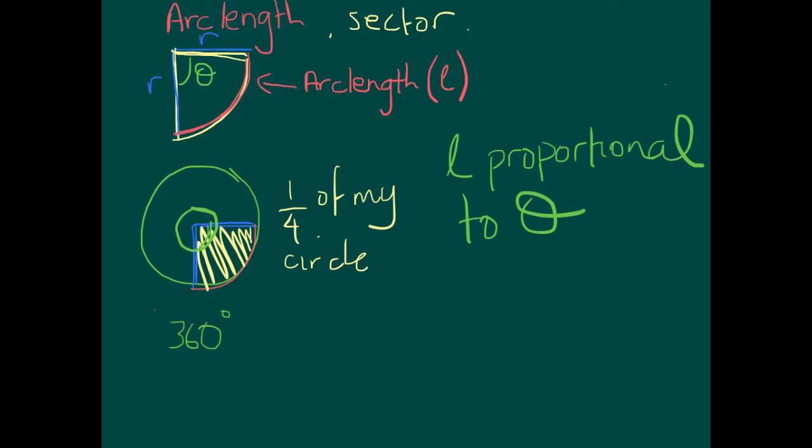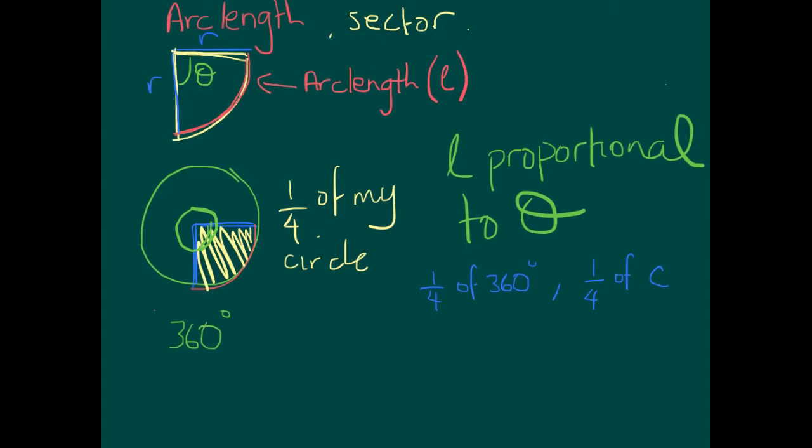If I take a fraction of 360 degrees, I will be reducing that angle in the same proportion as my arc length, so I would also be taking a quarter of my circumference C. If I'm reducing my angle within my circle, I'm also reducing the circumference by the same portion.